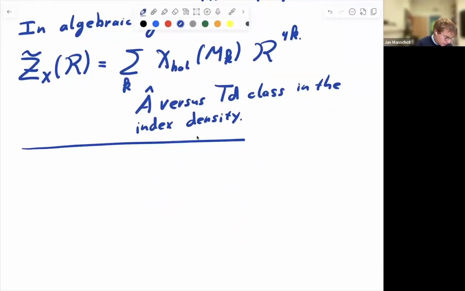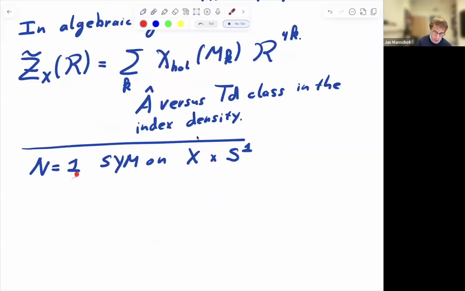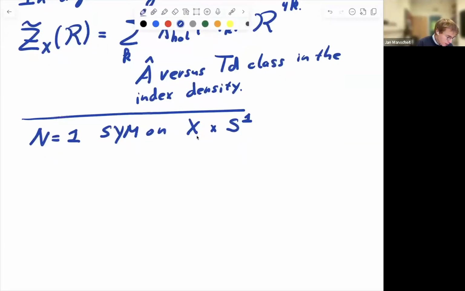So we'll consider N equals 1 super Yang-Mills on X times S1. That really has the same supersymmetries as N equals 2 in 4D, but now we are in 5D, so it is N equals 1 super Yang-Mills. Let us recall a few aspects of the theory. These theories go back to Seiberg in '96, and then many works followed.